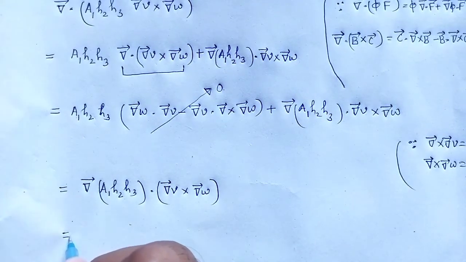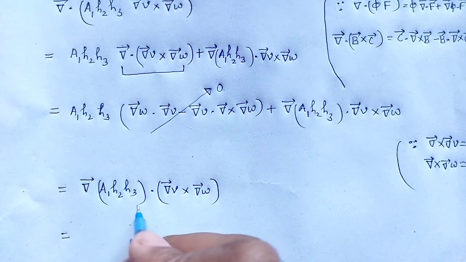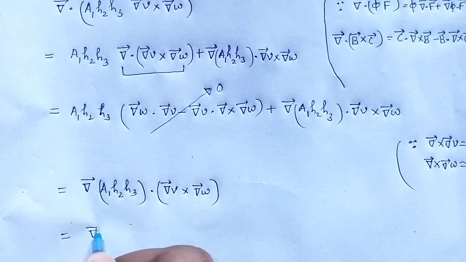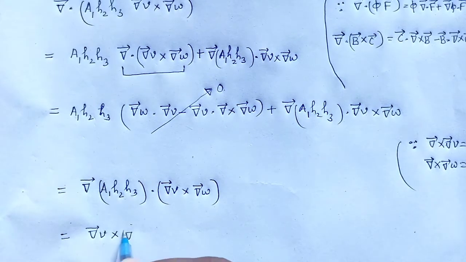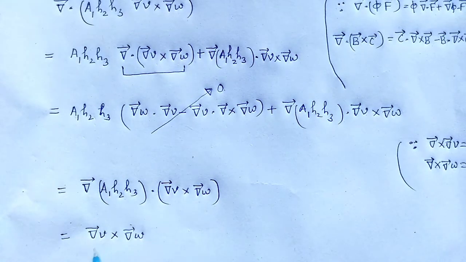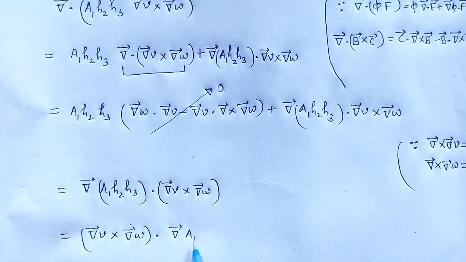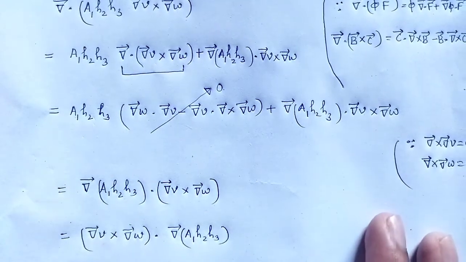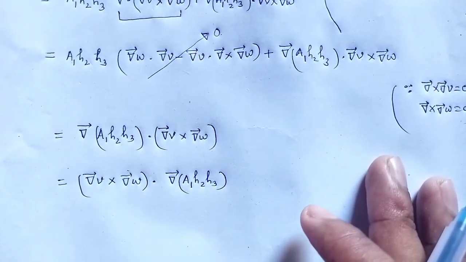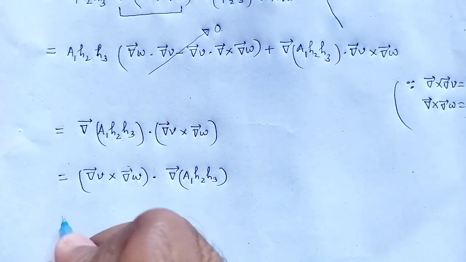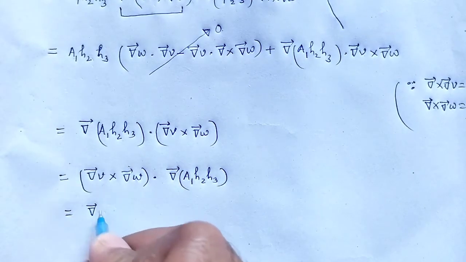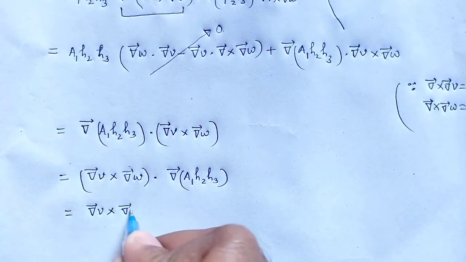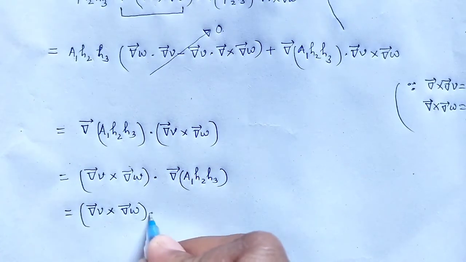Now we solve this. Since we interchange the position of the dot product, there will be no such change. That's why I interchange grad V cross grad W dot grad of A1 S2 S3.